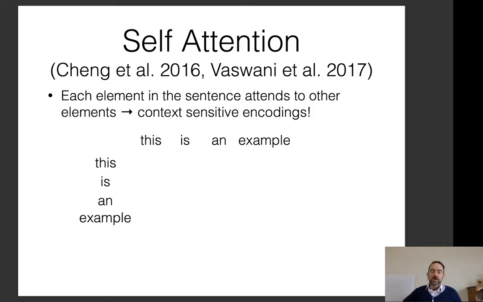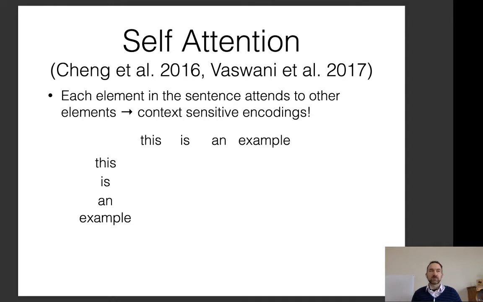I'm also going to talk about two very important varieties of attention. The first one is self-attention. Up until now, what I was talking about is where we have query vectors from a decoder state and key vectors from the encoder states.